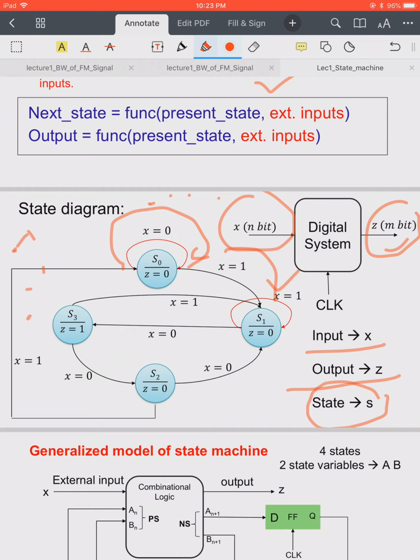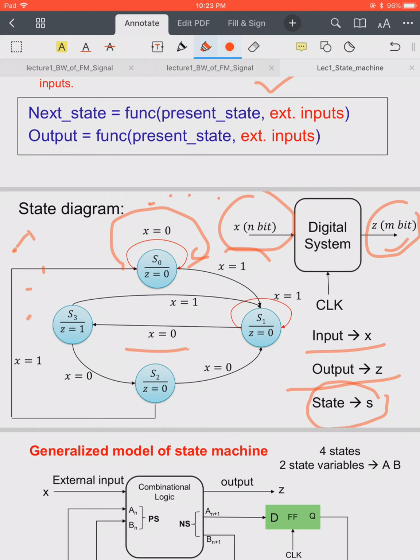At S1 also it can have x equal to 1 or x equal to 0. If x equal to 0, it will go to S3, and if x equal to 1, it remains at the S1 state, so it does not change its state.